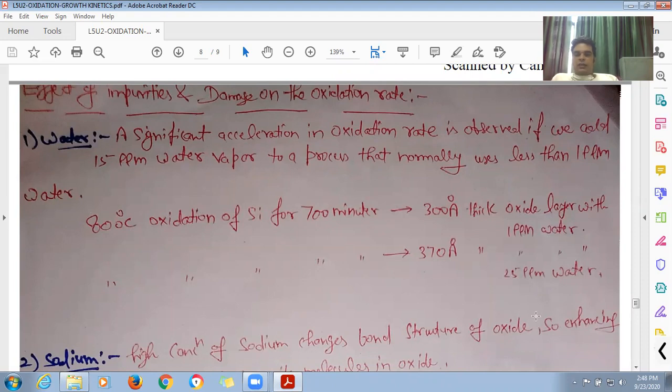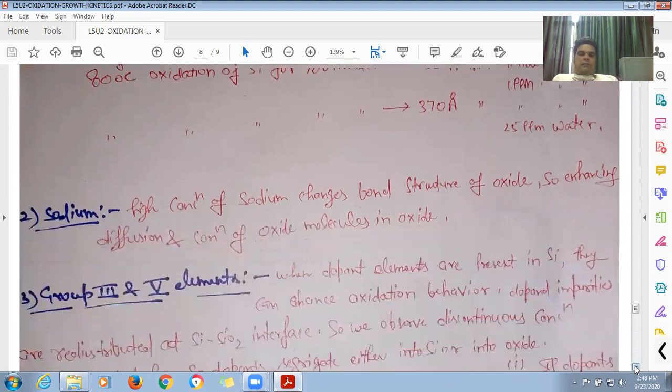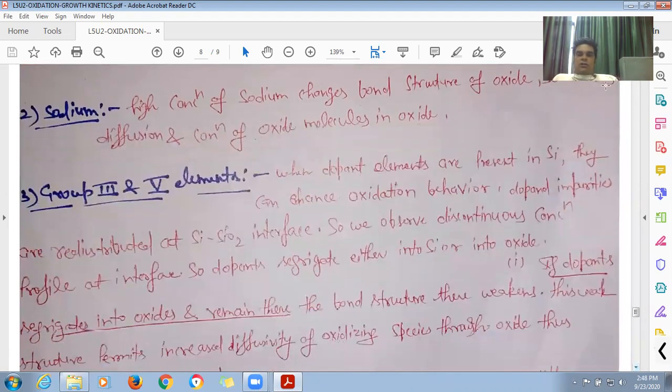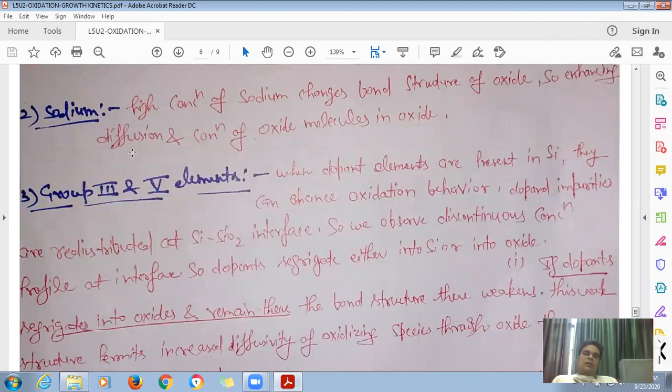If we increase the content of water up to 25 ppm at the same temperature and for the same amount of time, a 370 angstrom layer was grown. Also, a high concentration of sodium changes the bond structure of oxides, enhancing the diffusion and concentration of oxidizing molecules in the oxide.